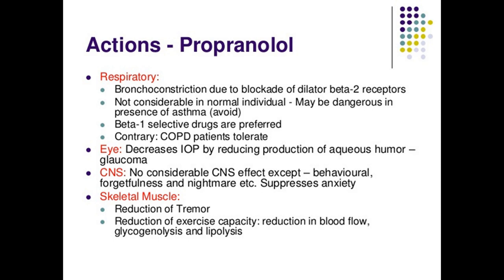Respiratory: bronchoconstriction due to blockade of the dilating beta 2 receptor is not considered in normal individuals but may be dangerous in the presence of asthma, so beta 1 selective drugs are preferred. In contrast, COPD patients may tolerate it. It decreases intraocular pressure by reducing the production of aqueous humor in glaucoma.